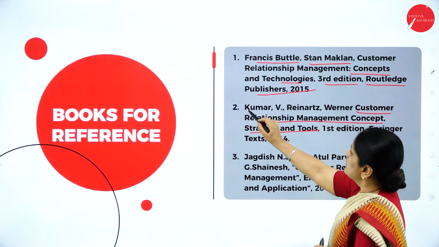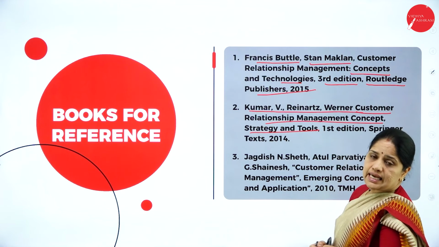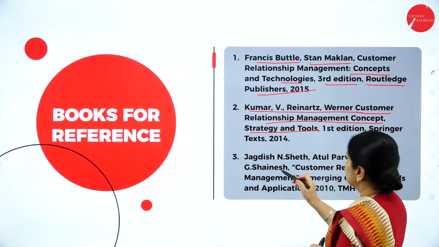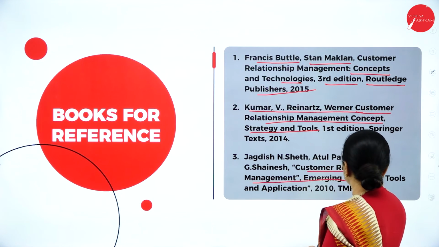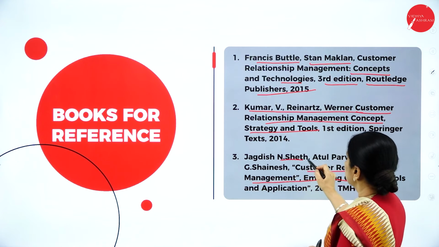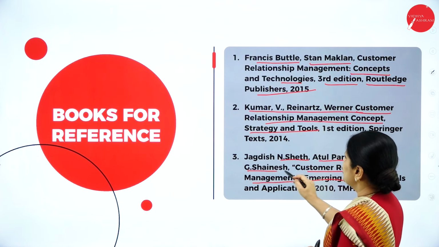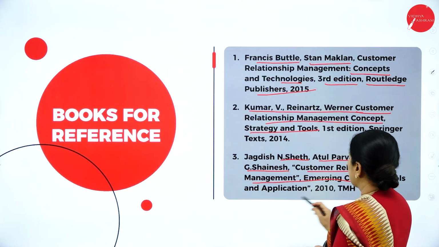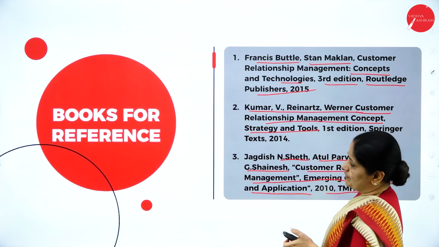So this is written by Kumar V., Reynolds and Werner. So this is the second book you can refer. And the third book is Customer Relationship Management, Emerging Concepts, Tools and Applications by Jagdish N. Sheth, Atul Parvatiyar and G. Shainesh.